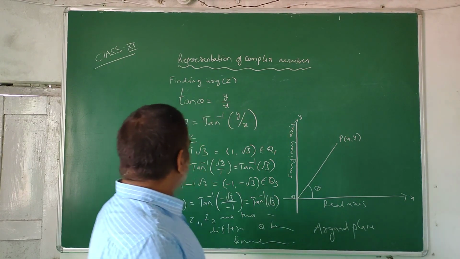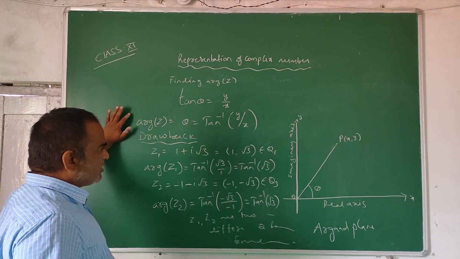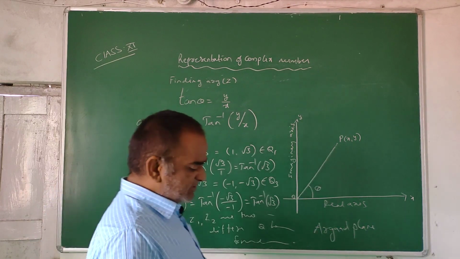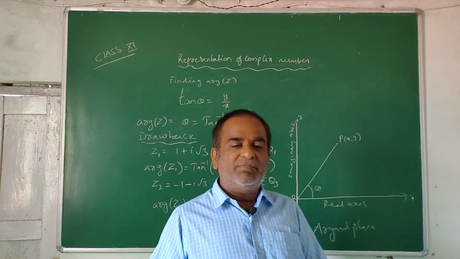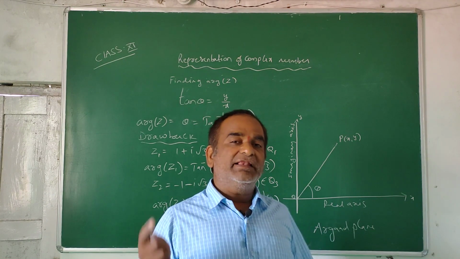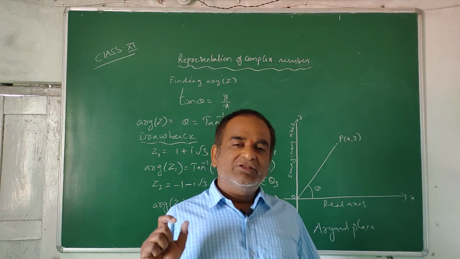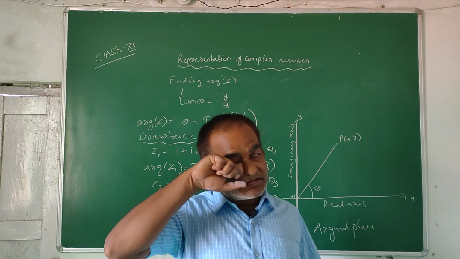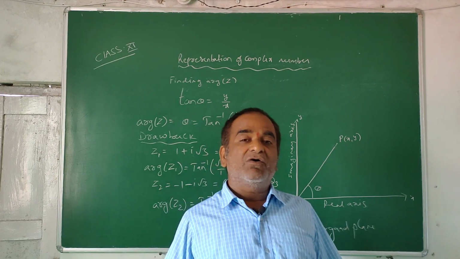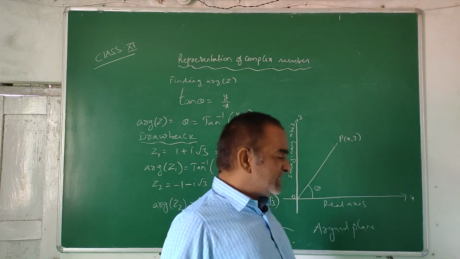So please don't use this formula to find argument of z at any cost. Argument of a complex number depends on the quadrant in which the complex number lies. So argument of a complex number strictly depends on the quadrant in which the complex number lies.